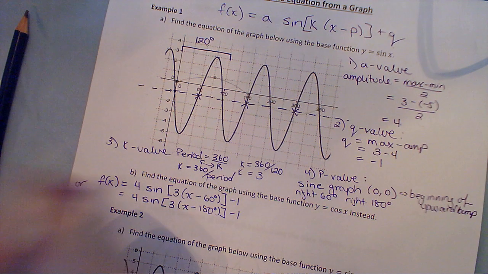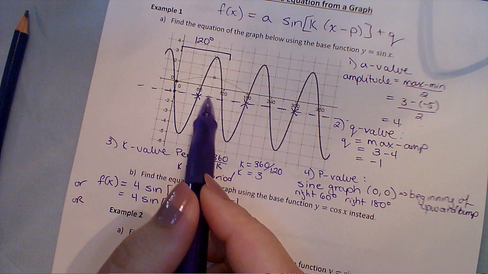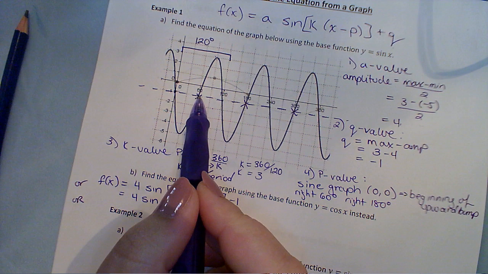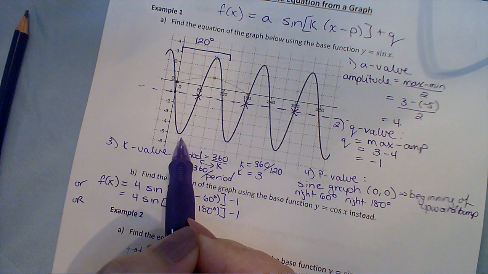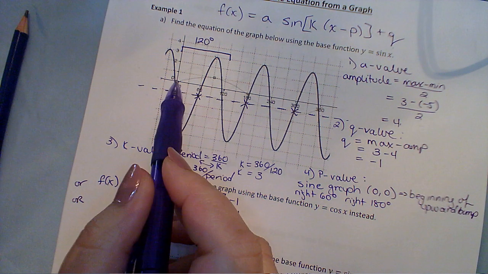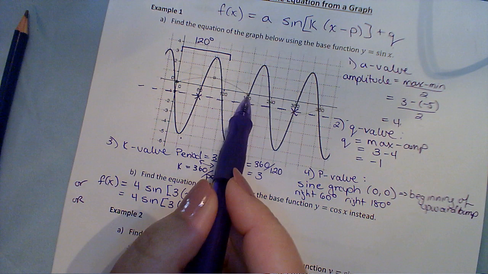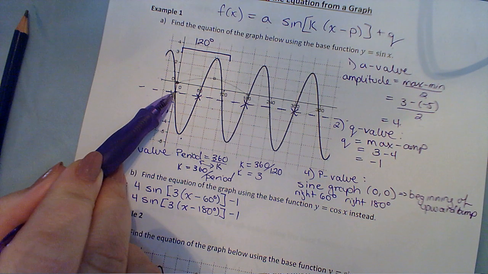Or what if instead of picking the beginning of the upward bump, we picked the beginning of the downward bump first? You know how sine goes up first. Well, what if we flipped it and sine was going down first? So you see right here, 0, 0, which is now dropped down to 0, -1. What if we chose no phase shift?